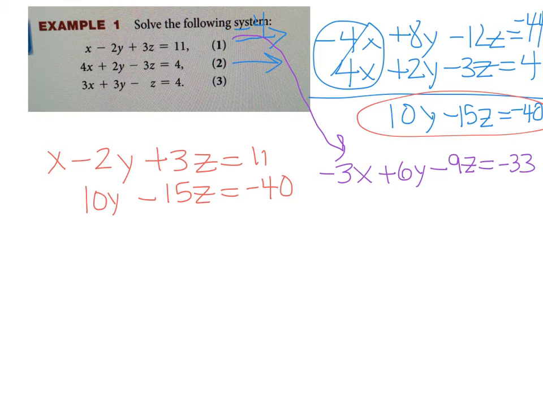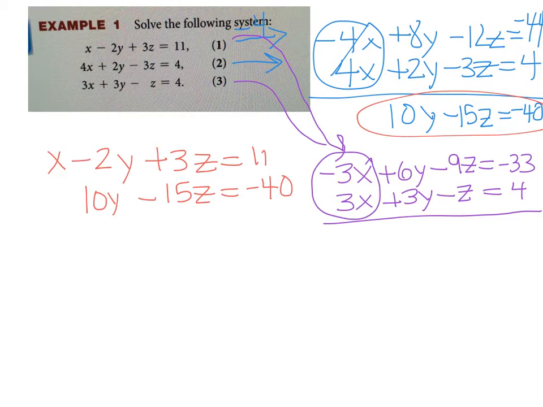And I'm going to add this to equation 3, 3x plus 3y minus z equals 4. When I add those together, notice that your x's eliminate again, and you are left with 9y minus 10z equals negative 37. This equation is going to be my new row 3.